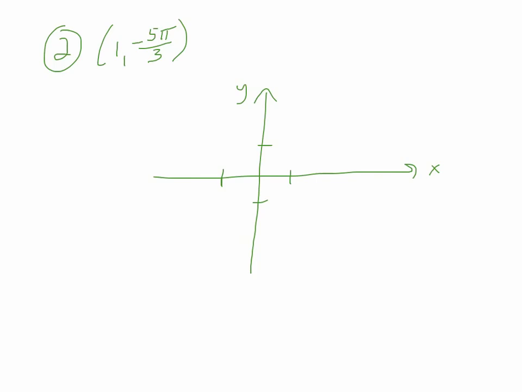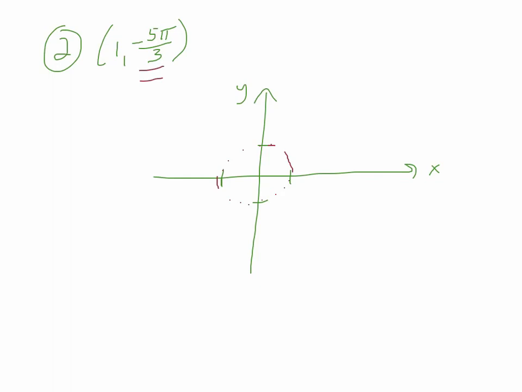Next example is the polar coordinate 1, negative 5 pi over 3. Once again, on my xy coordinate plane, I draw out a circle centered at the origin with a radius of 1, and then I look to my angle to figure out where on this circle the actual point will lie.